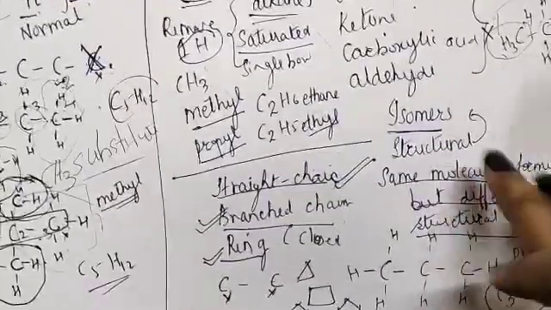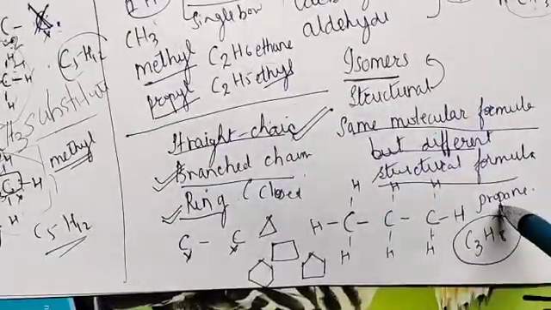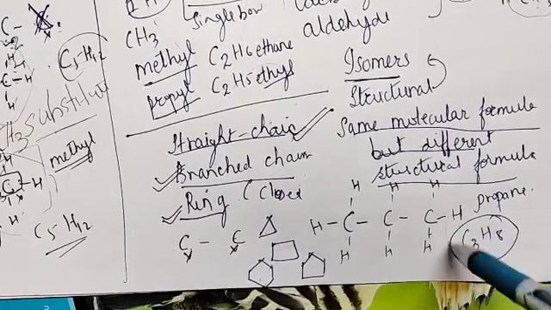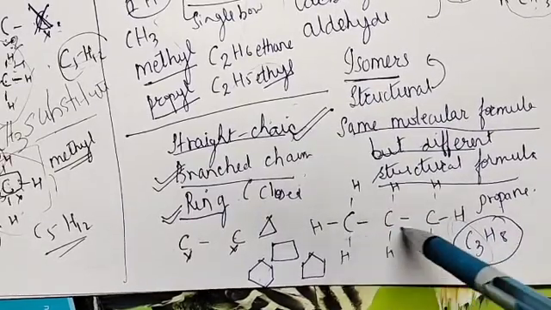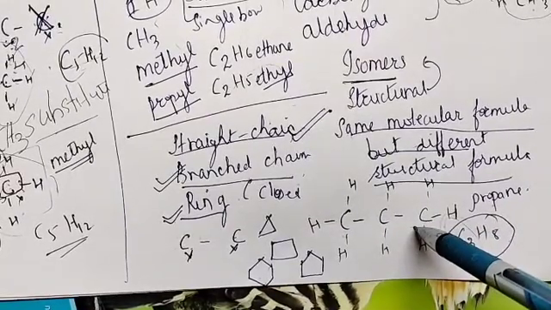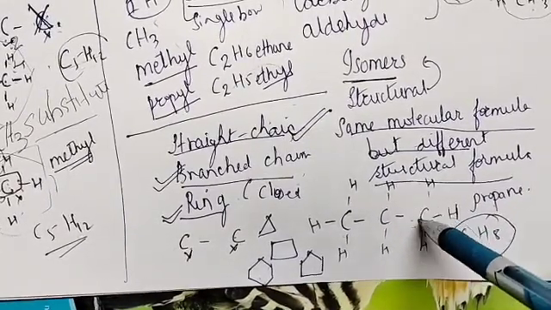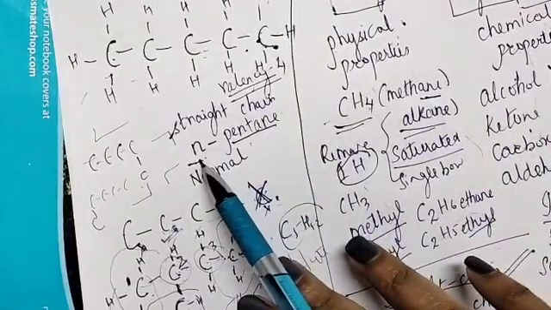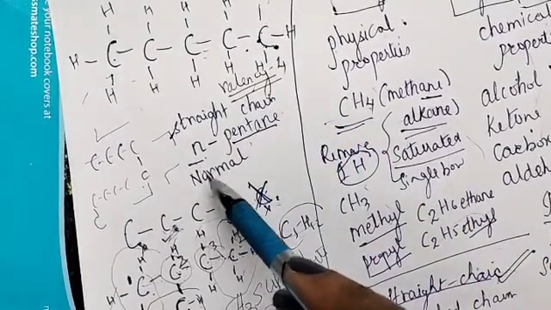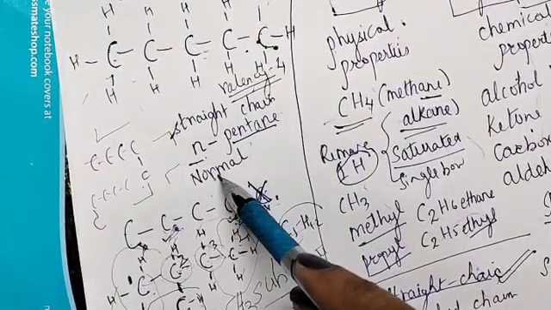Straight chain means, suppose I give you propane, this is C3H8. There are three carbon here, all the three are one after the other, successively arranged in a straight line, and they are called straight chain, which is also given another name, which is N, like N propane, N pentane, and N stands for normal, and this is only when you are representing straight chain.